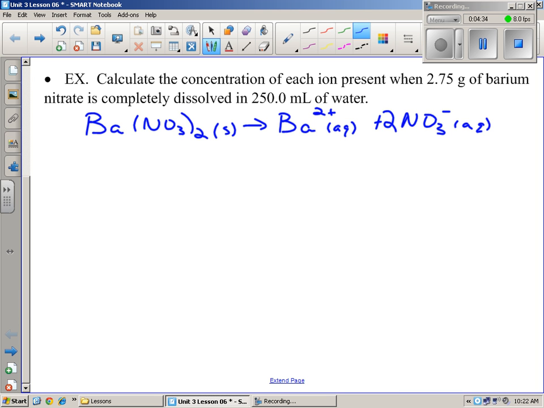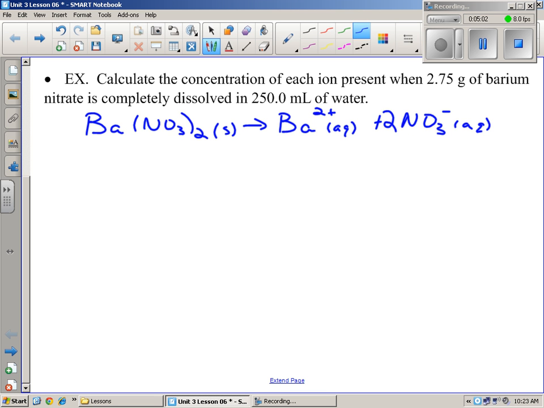Look, barium's a 2+, each nitrate is a 1-, so I need 2 of those, 2 negatives, basically, to go with this 2+. Remember, look over here, 2+, 2-, yes? They have to cancel each other out, because barium implies 2+, that I've lost 2 electrons. Where do those electrons go? Well, they go to each nitrate, right?